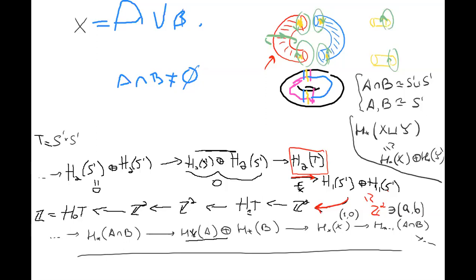Well, wait, sorry, I said something wrong. So this Z squared is not the sum of these 2 parts, but it is the first homology of the intersection. So I want to describe the map from here to here.